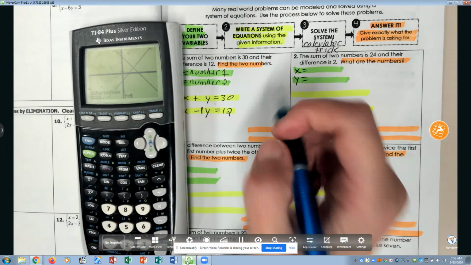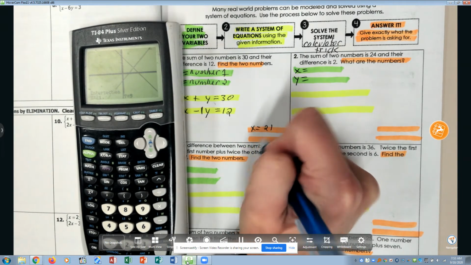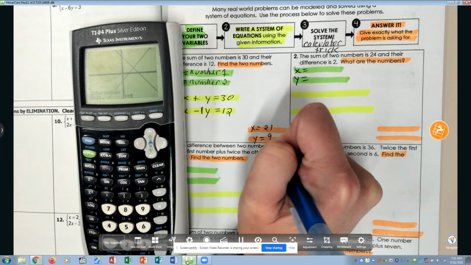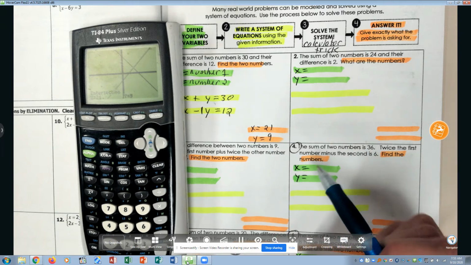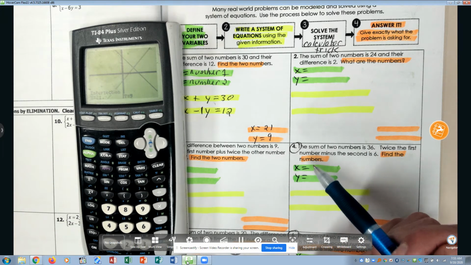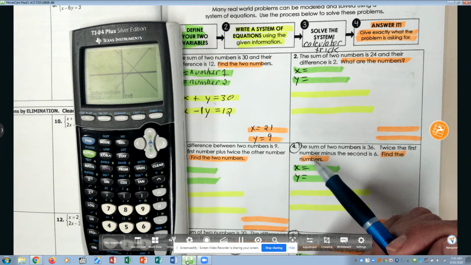So my first number, x, is 21. My y is 9. These two numbers add to 30, and these two numbers subtract to give you 12.